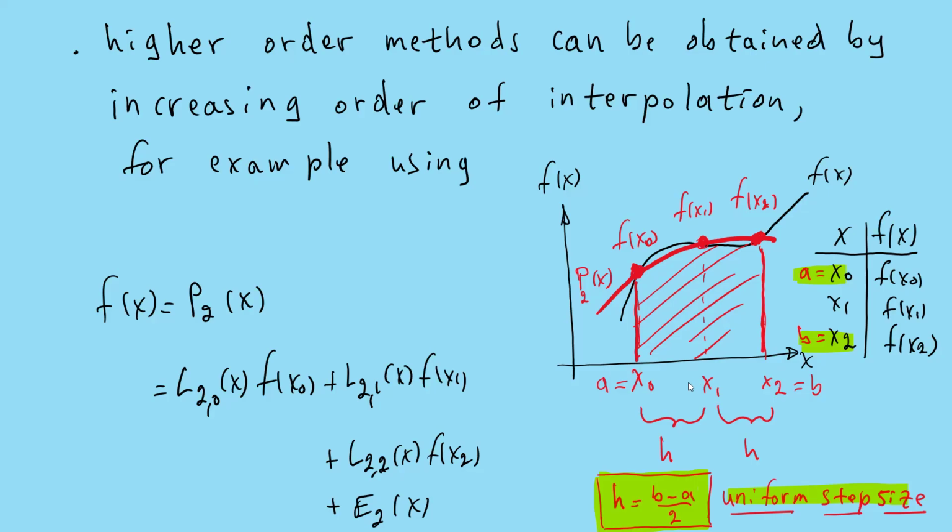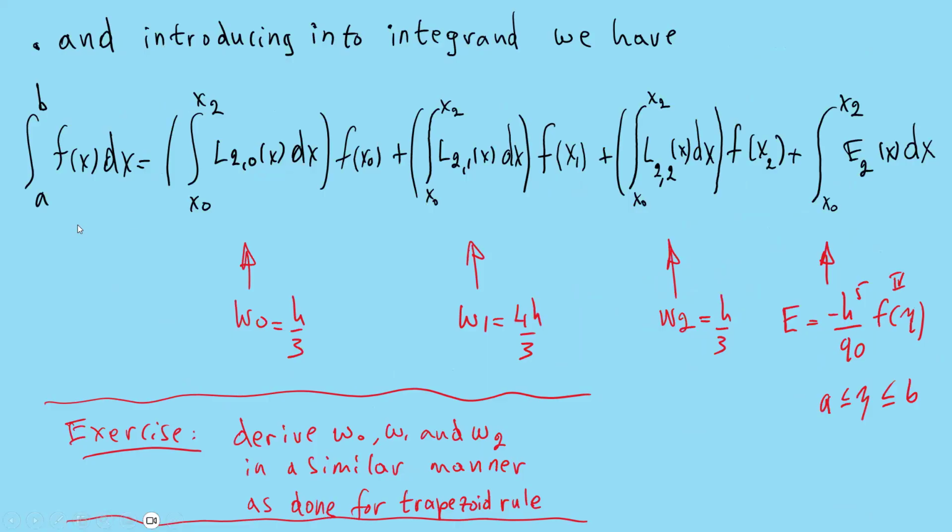And again, the Simpson rule is found based on the quadratic Lagrange interpolation, and we can find each of these components, like the trapezoid, and this is the answer for the Simpson rule.